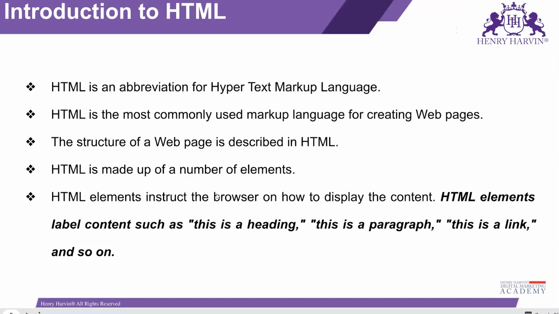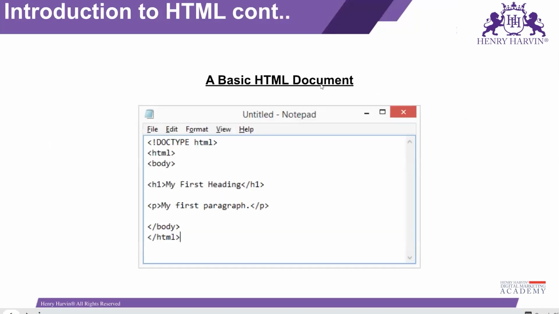HTML is made up of a number of elements, and HTML elements label content such as this is a heading, this is a paragraph, this is a link, and they design your entire page. And here you can see a basic HTML code.